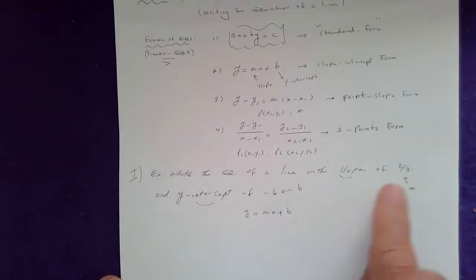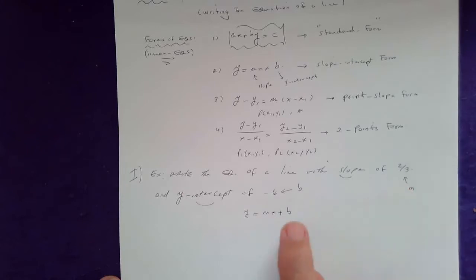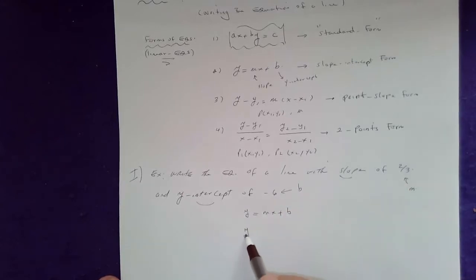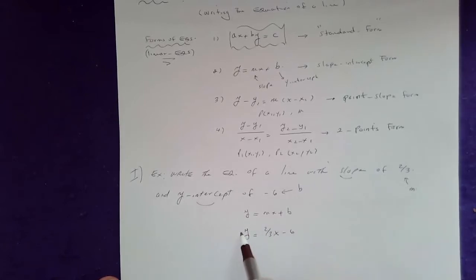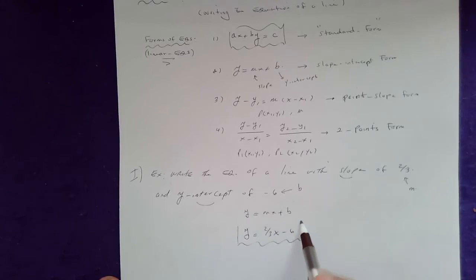All I have to do is replace the m with 2/3 and b with -6, and I'm good to go. So y is equal to 2/3 of x minus 6. There you have it.